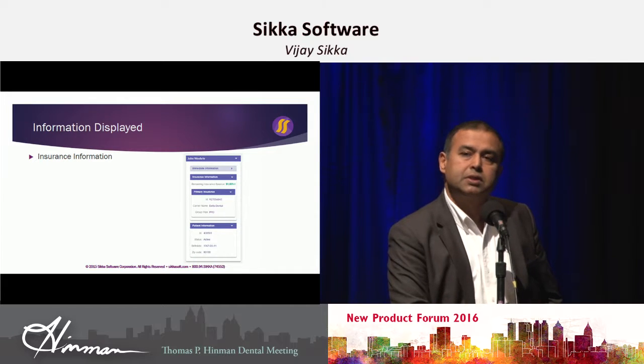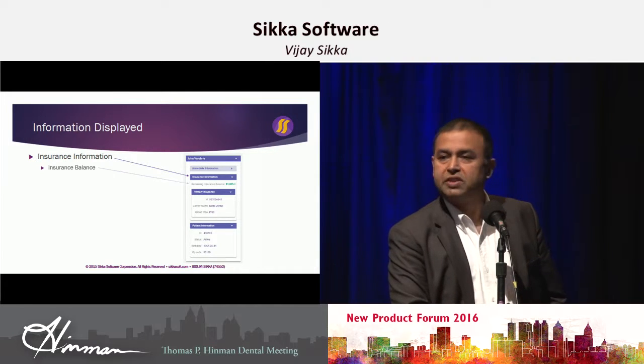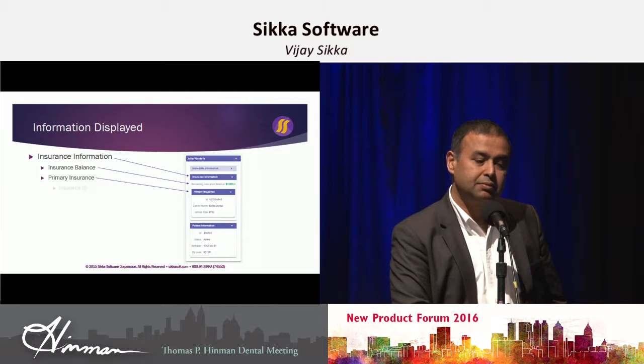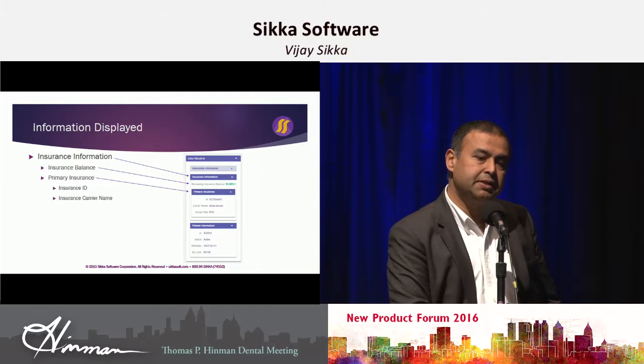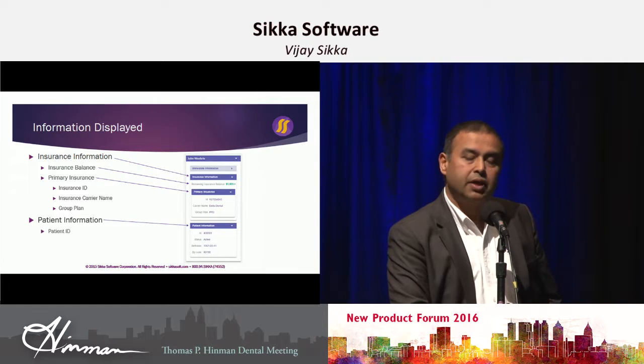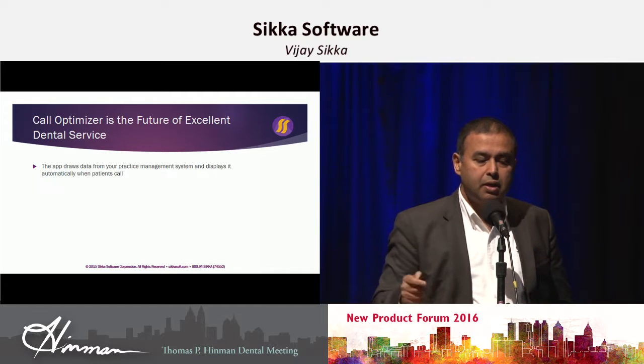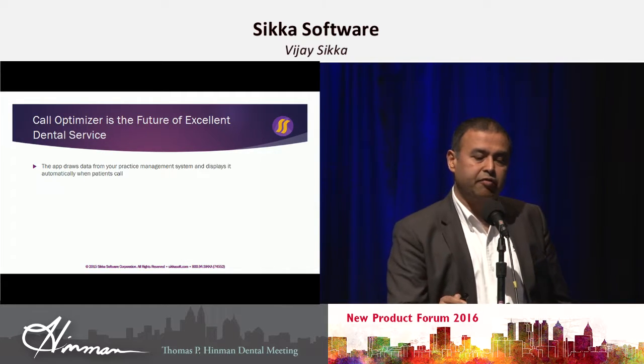The information that's displayed includes insurance, balances, primary insurance, the ID, the carrier name, patient information, the ID, patient status, birth date, and other relevant information.